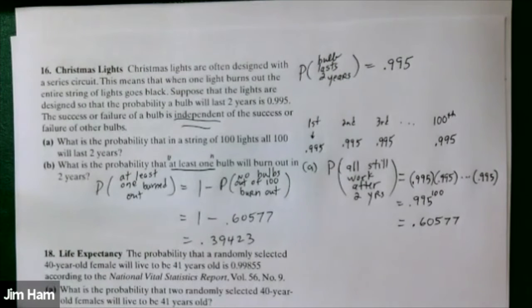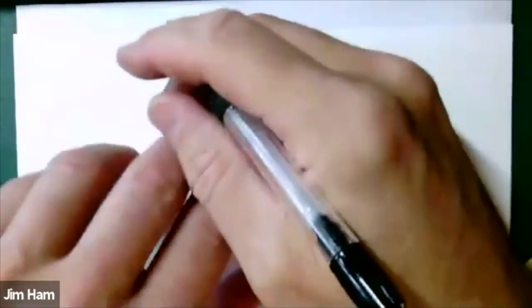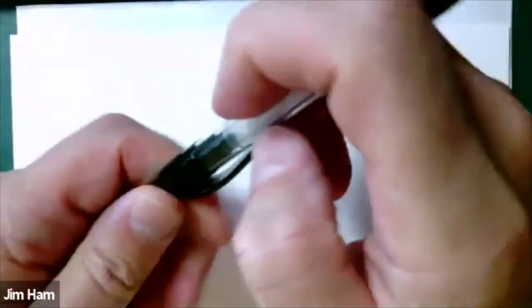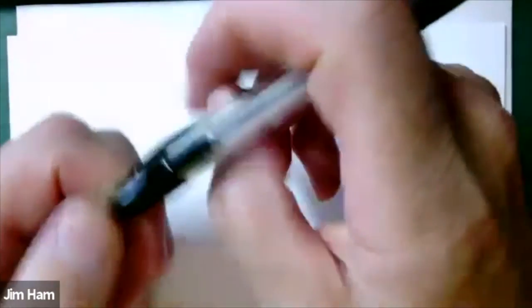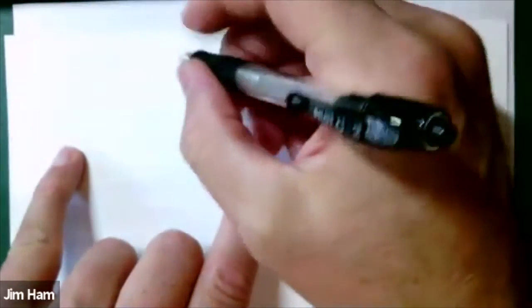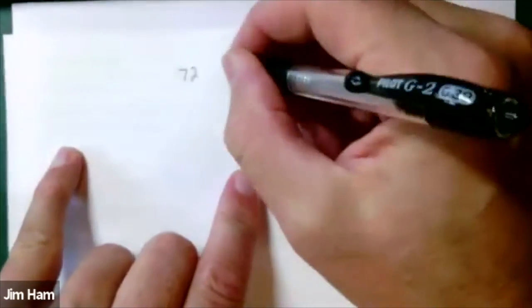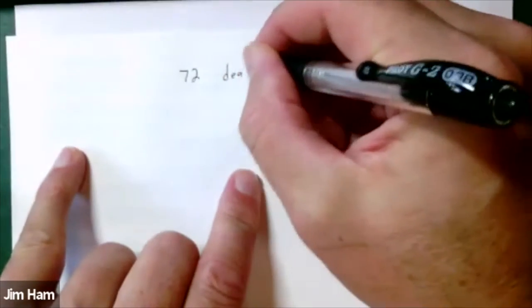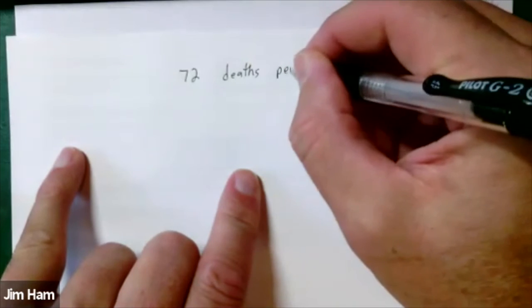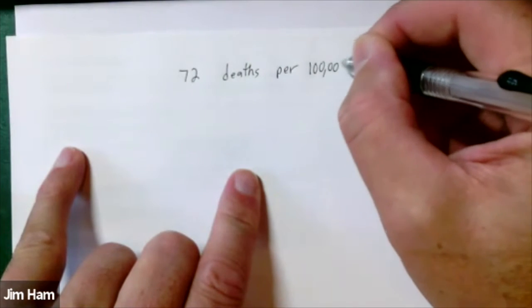Oh, by the way, COVID, this is important. Why is it that the CDC and the WHO say avoid large crowds? It's not like they don't want you to have fun. Let's say you're in Saginaw, and we know that there are about 72 deaths per 100,000 in the population.